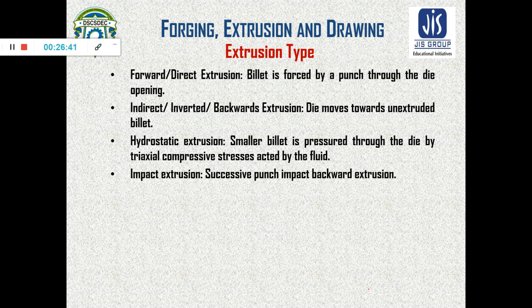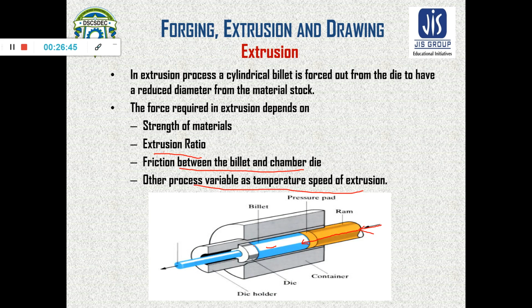In case of indirect or inverted extrusion, what happens? In inverted extrusion, the ram is fixed, but the die tends to move. When the die is moved towards the ram, the billet has to reduce its diameter and come out through the orifice of the die.